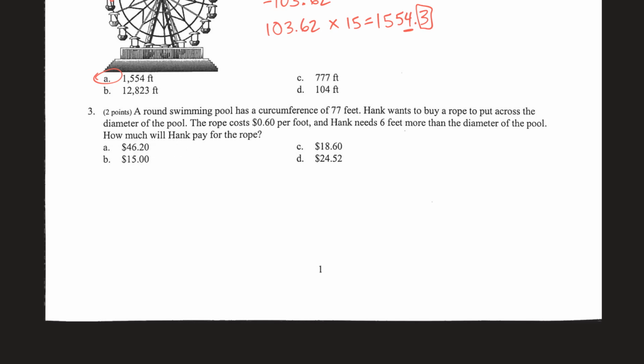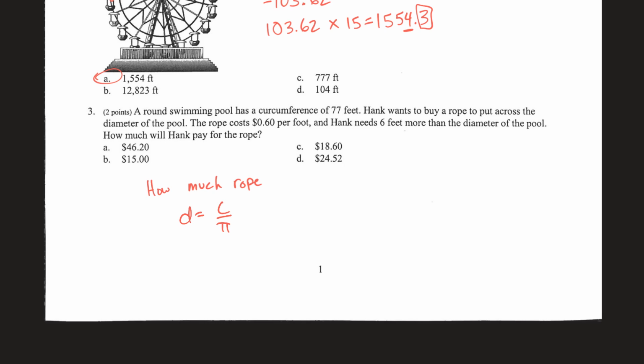Okay, so first, how much rope does he need? Well, he needs the circumference. Oh, I'm sorry. We're going to use this to find the diameter, right? He puts the rope across the diameter of the pool, so we need to know what the diameter is. And the diameter is the circumference divided by pi.